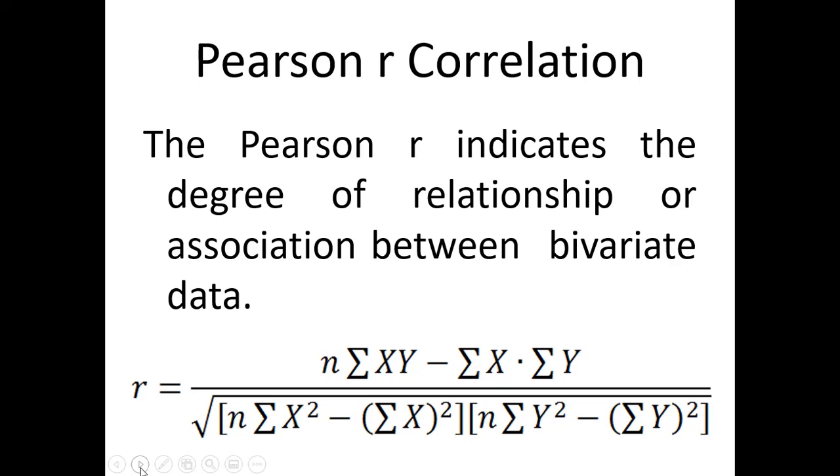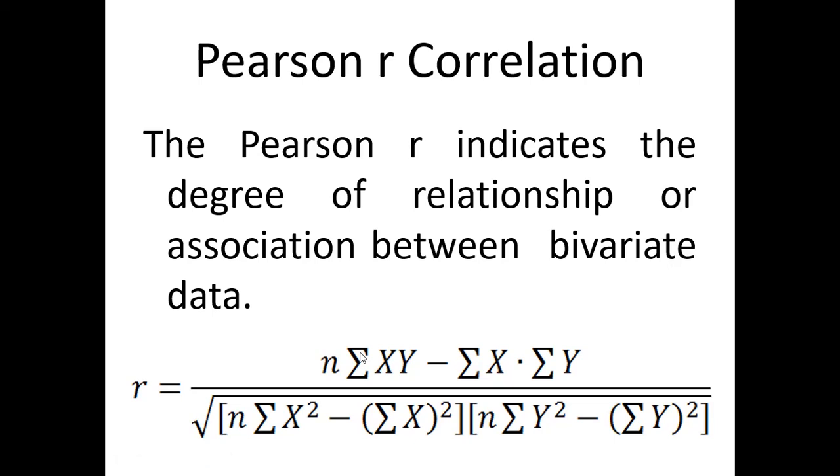If you take a look at the formula, you're going to see some symbols there. Let's take it one by one. This small letter r is Pearson R. Small n is the number of observations or the number of participants. This one is summation. Summation means sum.